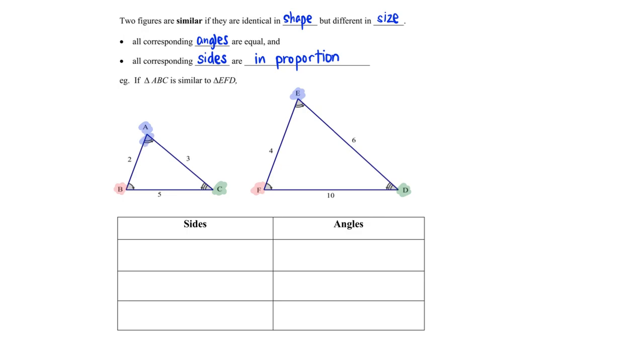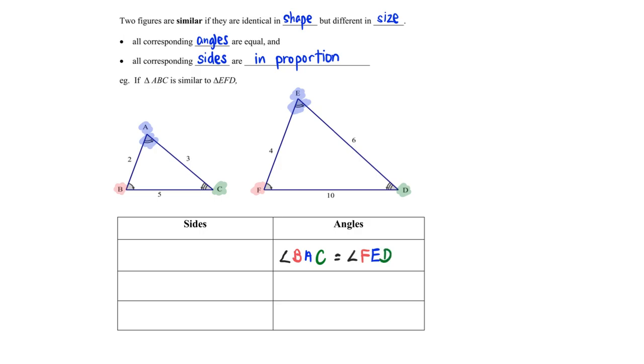The corresponding angles should be the same, and the way you write it must also be in order. So if I were to say angle BAC, then I need to start with F. I cannot start with D, because it must be in the same order, E, F, and D.